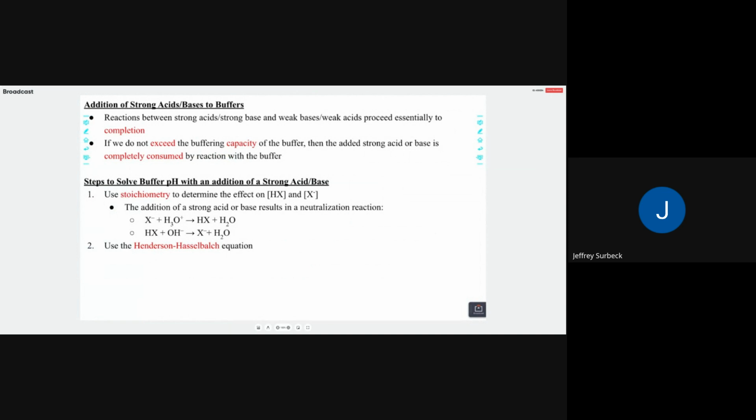So we have to think about this in twofold. Sometimes I even forget, I added a strong acid. I have to make sure to add and subtract in appropriate ways, just like we saw with our change. Okay, questions? All right, does anybody need this? Okay.